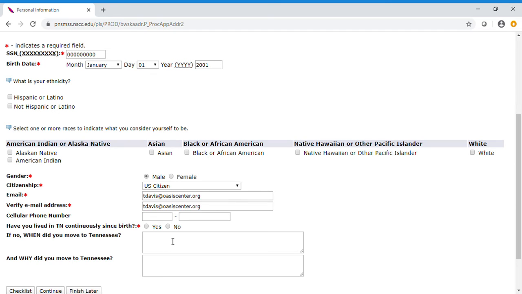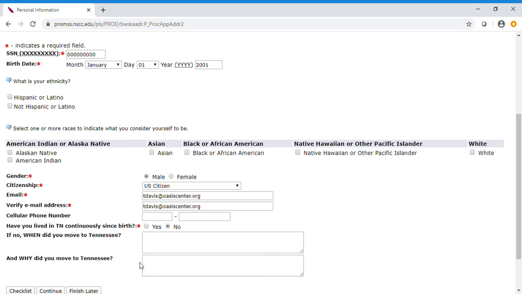However, if you say no, for instance, these still look like they don't need to be answered because they don't have the red asterisk, but you really want to answer them, because if you don't, they will auto locate you outside the state, and so initially your bill is going to show that you're paying out-of-state tuition, which is once again going to be a lot more expensive than in-state tuition.